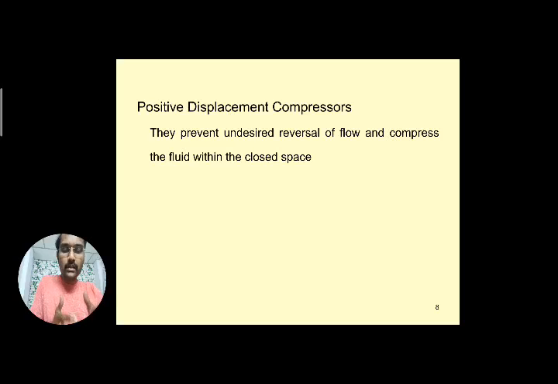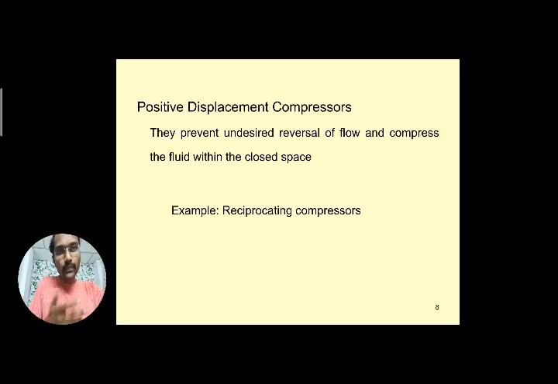It prevents the reversal of flow, meaning whatever refrigerant is present in the system will not come back again into the main entry. It completely restricts the reversal of flow, and whatever fluid is present in the space will get compressed.